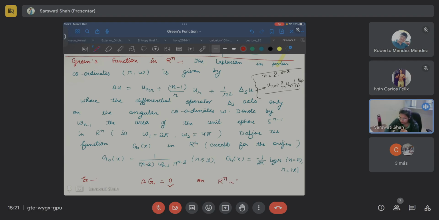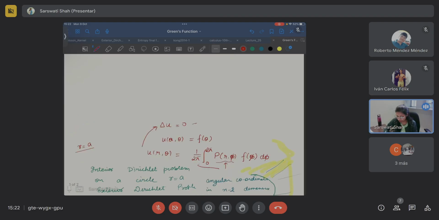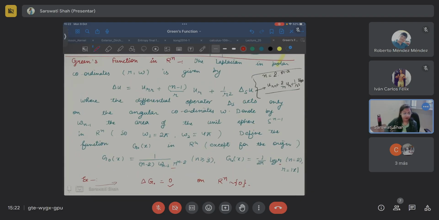You have to exclude 0 from the domain because this green function is not defined at r equals 0, that is the center of the circle, that is the origin, because we are taking r in the denominator of this term, and here it is not defined because logarithm of r is not defined at 0. Please solve this.